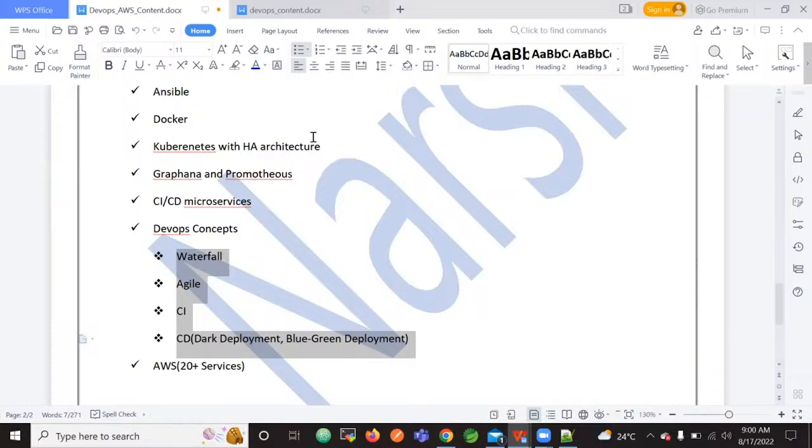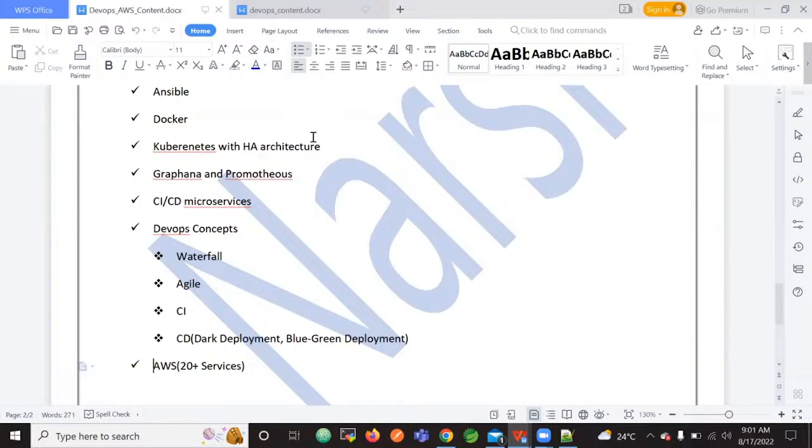And next cloud, if you are really interested and would like to parallelly learn one more cloud, then go for GCP. You can work on Google Cloud also. If you know the concepts of the cloud, the concepts are the same everywhere.